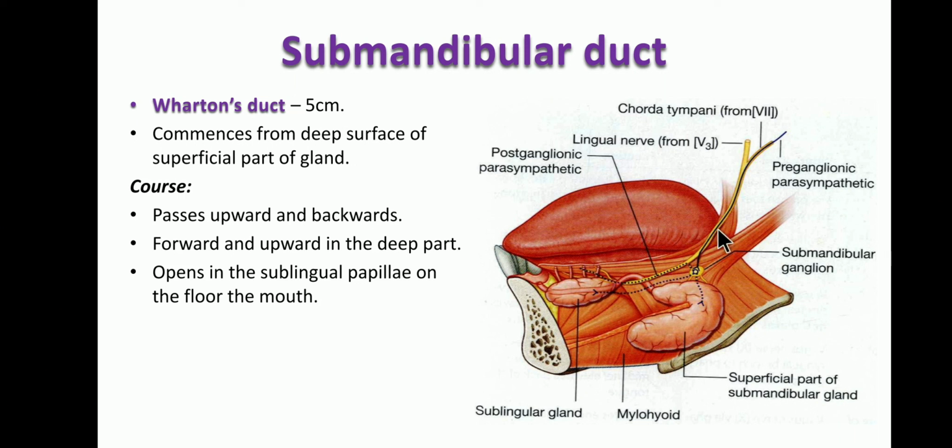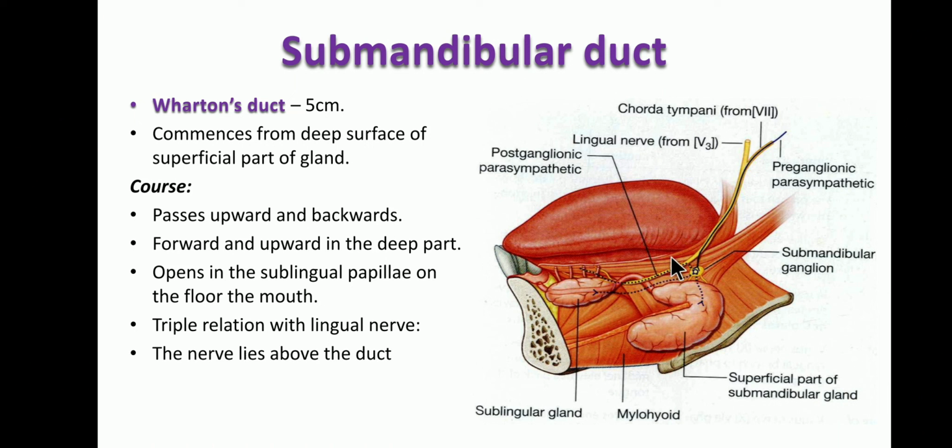Now the duct has a triple relation with the lingual nerve. The lingual nerve is first above the duct, then crosses the duct laterally, and finally passes medial to the duct.